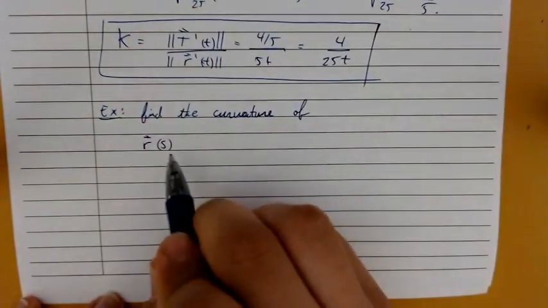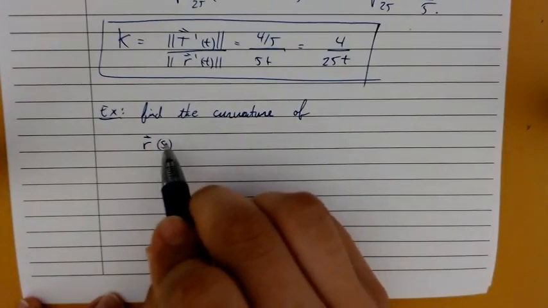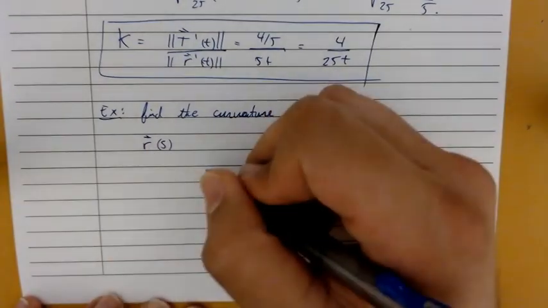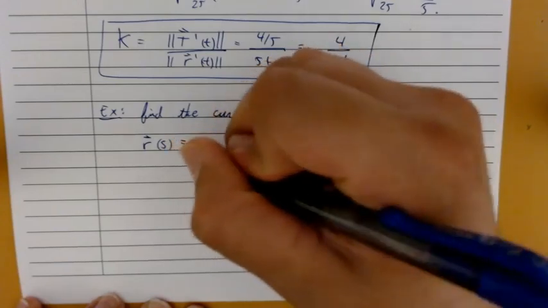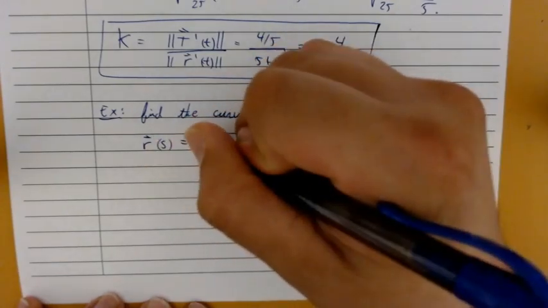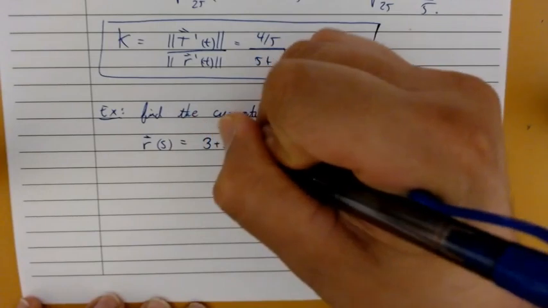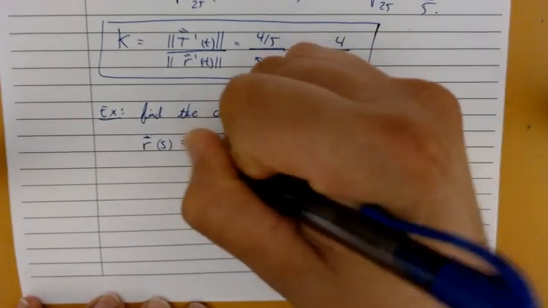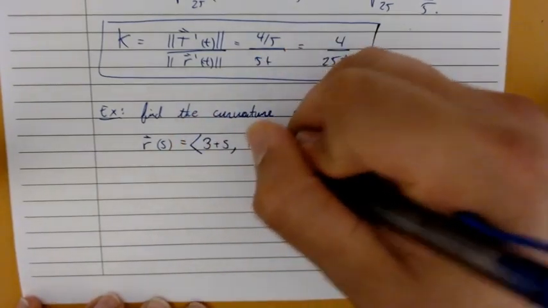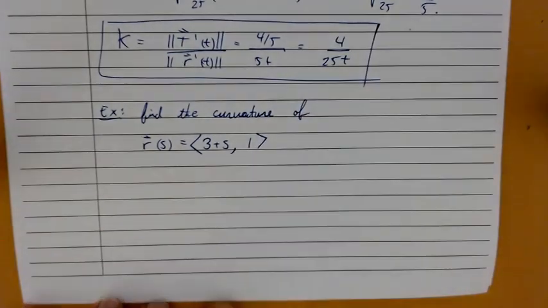Notice this one actually is given to you as an arc length parameter. r of s is equal to 3 plus s, comma, 1. So go ahead and give this a try, and once you're ready, we'll go through it together.